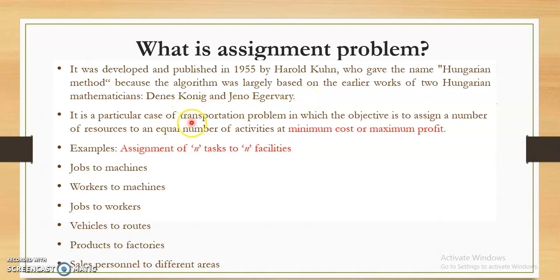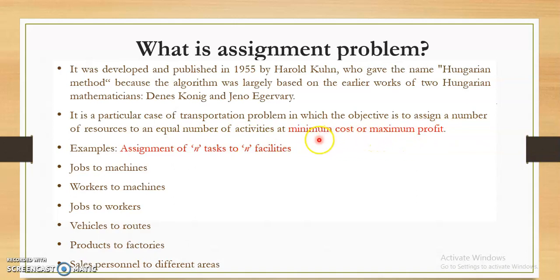It is said that the assignment model or assignment problem is a subset of the transportation problem, a case where the objective is to assign a number of resources to an equal number of activities at minimum cost or maximum profit.